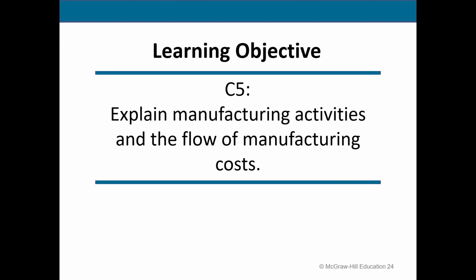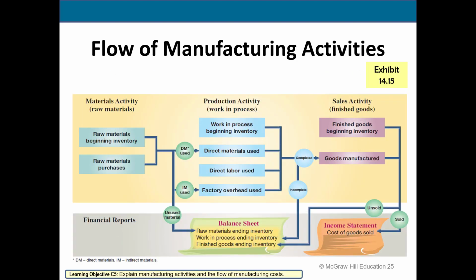Next, we will look at the flow of manufacturing activities. So we start with our raw materials. This is our beginning inventory, and then any purchases are going to be added to our raw materials. Then as we use them, we put them into work in process.